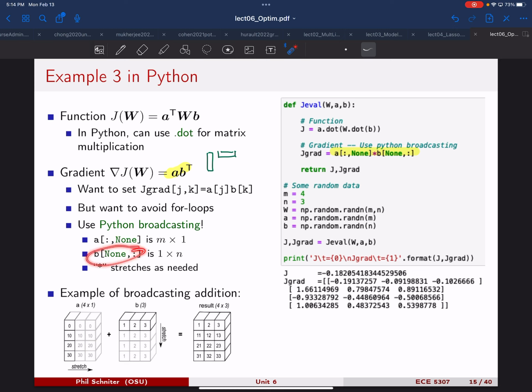What this does is it uses the original values and then just cascades as many rows onto the bottom as needed until they have the right dimensions. This little picture that I stole from this document is for addition, but what we really want to do here is the same thing with multiplication. In either case, you need the dimensions to match. And that's essentially what we're doing. So we're using this Python broadcasting trick.